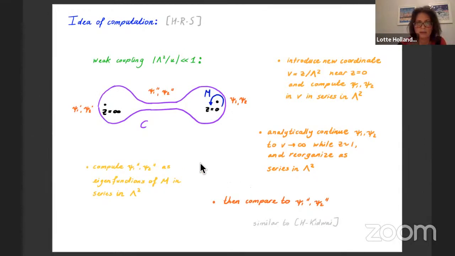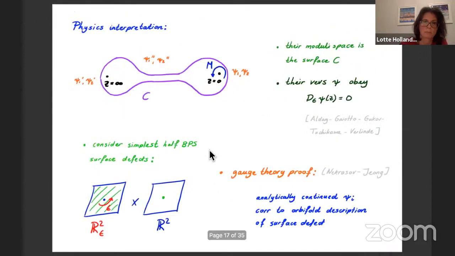So this computation, order by order in lambda to the 4th, reproduces the superpotential that is well known. What is the physics interpretation of this computation?